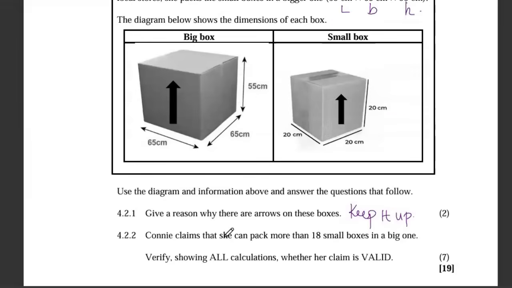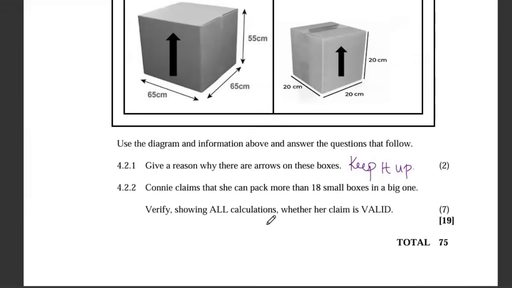What we're going to do, get the length of the bigger box, divide by the length of the smaller box, which will become 65 divided by 20. 65 divided by 20, you have 3,25, meaning we shall have 3 boxes.